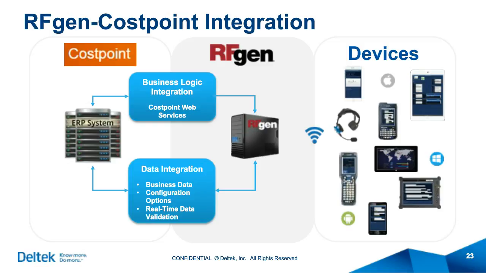And the information is, again, validated and updated in a real-time environment. There's no footprint on Costpoint. There's no reason to get in and have to modify Costpoint. Everything comes through RFgen, and the response time from the device through RFgen back to Costpoint is instantaneous. There's no lag time. There's no synchronization. It's a real-time environment.